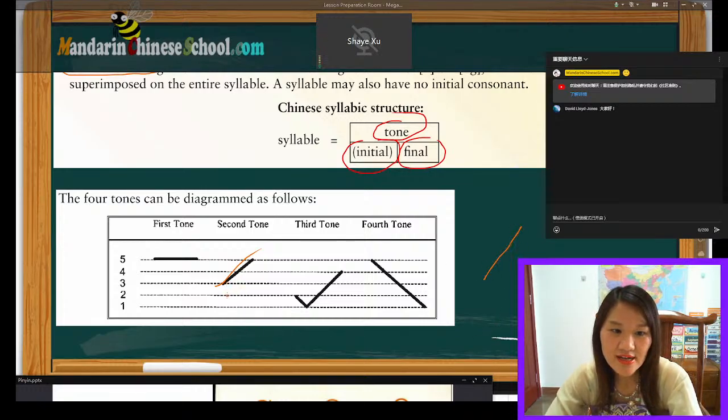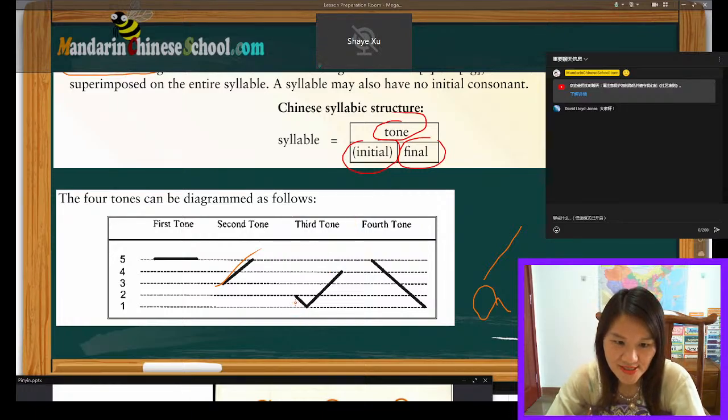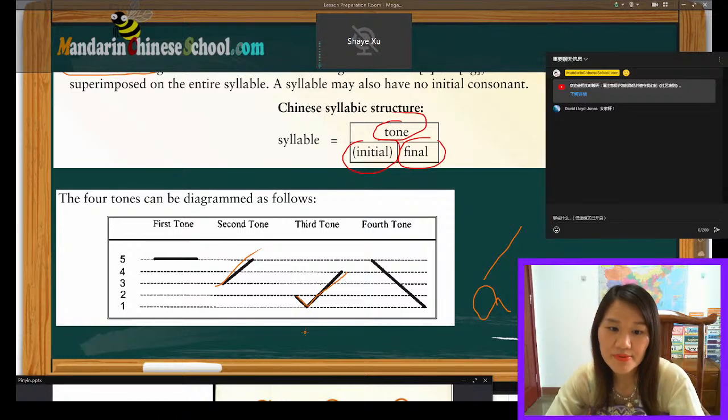And this is the third tone. The third tone, just like the tone mark, goes down and then goes up.